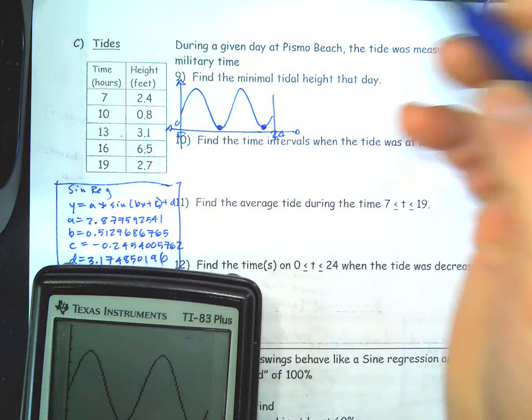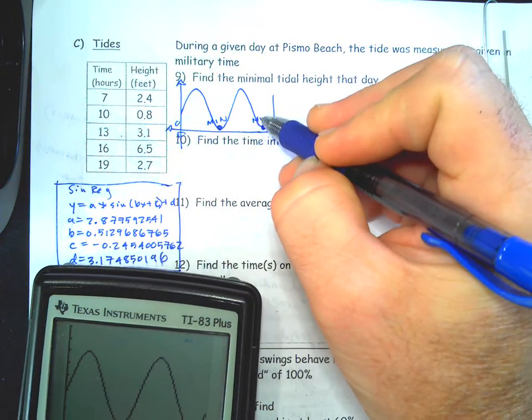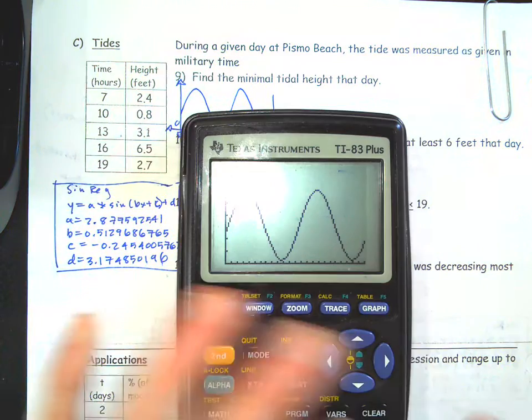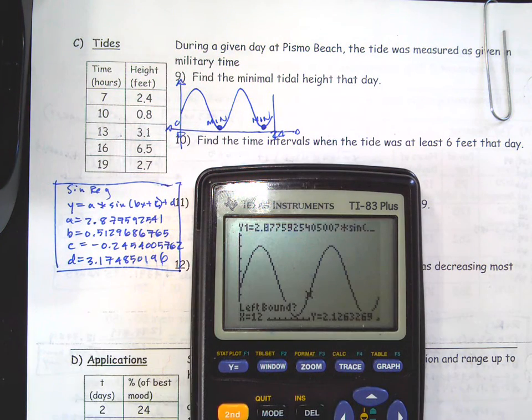They probably should be the same. And we could confirm this by finding both of them individually. So the way we find minimums, second calc, number 3 minimum. This first one looks like it's around 10 or so. So maybe we could go like 5 to 15, guess 10.